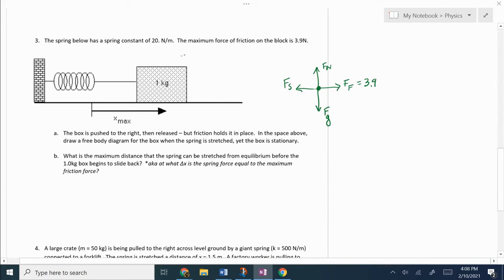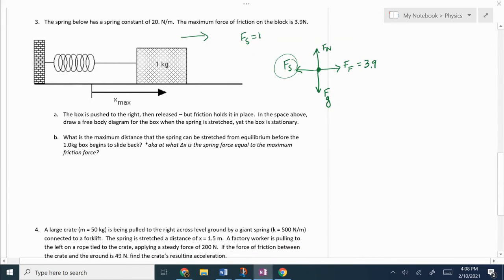If you push it too far to the right, then as you push it to the right, that's going to make Fs bigger and bigger and bigger, right? Because the force of the spring is kx. As you push it to the right, the x gets bigger, so therefore Fs gets bigger. The question is what is the furthest to the right that you can push it?